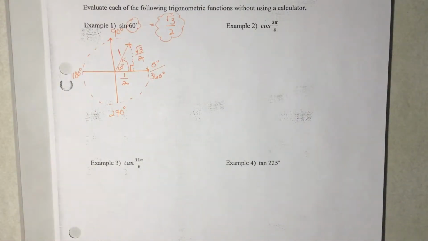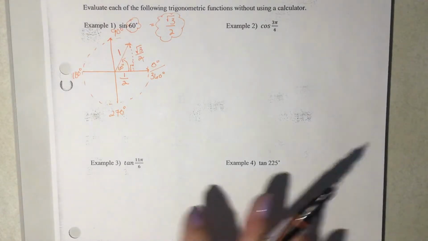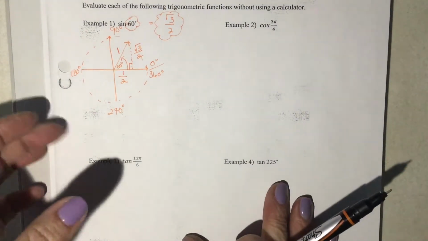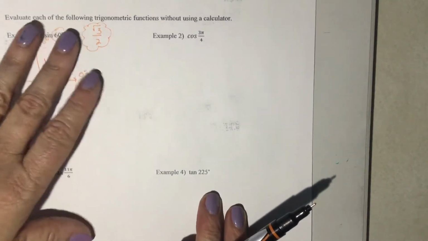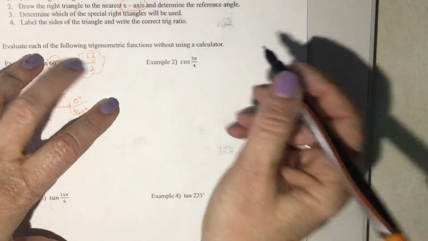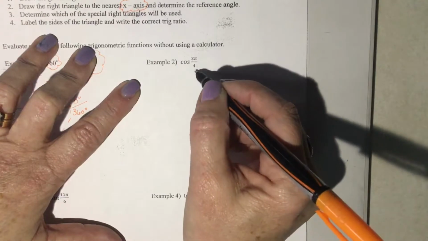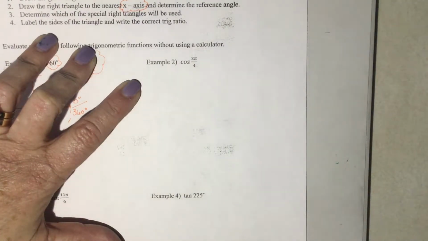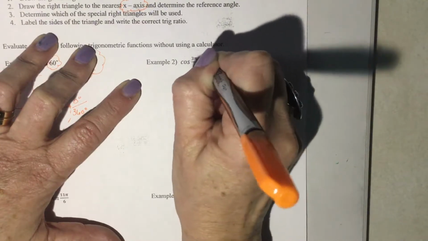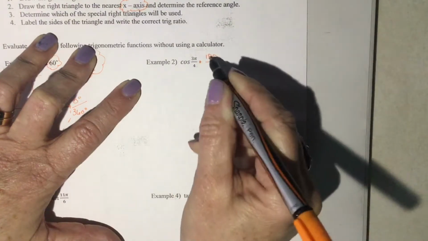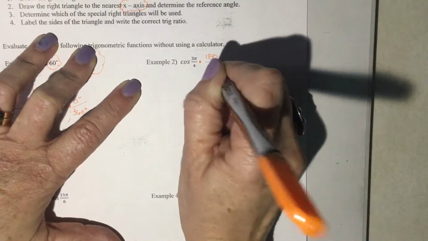Okay, let's look at number 2. First thing, just looking at number 2, what would you guys guess the first thing I would want to do? If it's cosine of 3 pi over 4. Get it to degrees. Perfect. Absolutely. To move it to degrees, I convert it by multiplying by 180 over pi.